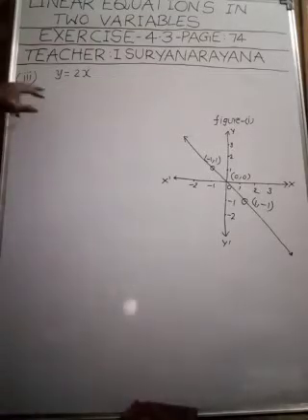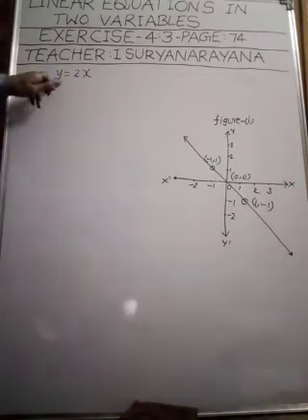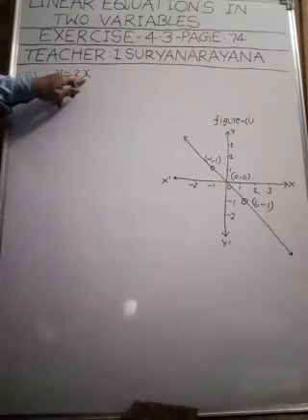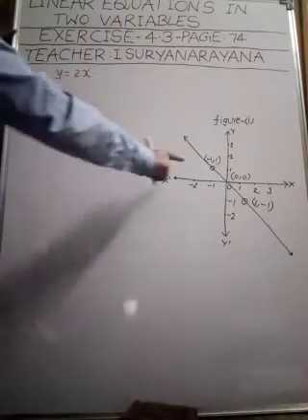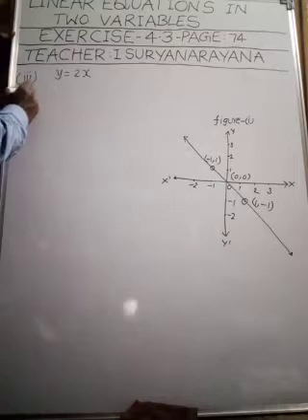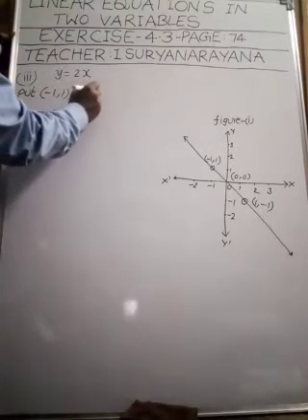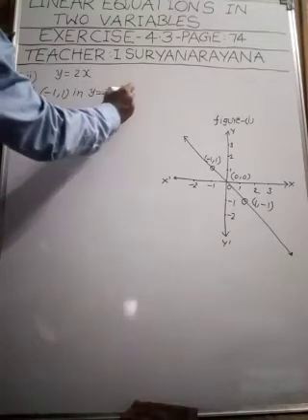Now, next equation. Let us verify the next equation, y is equal to 2x. We follow the steps as we followed for the first two equations. Okay, my children, first, what should we do? We have to substitute the points minus 1 comma 1, in y is equal to 2x.